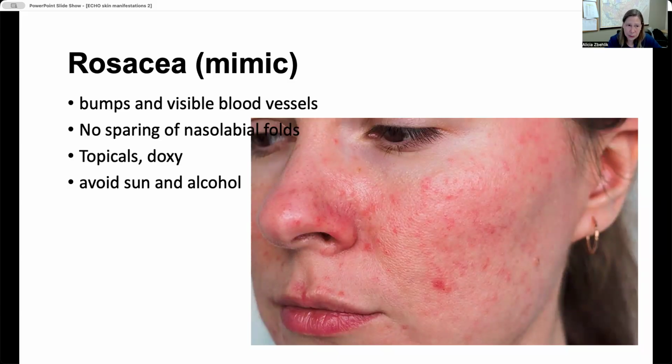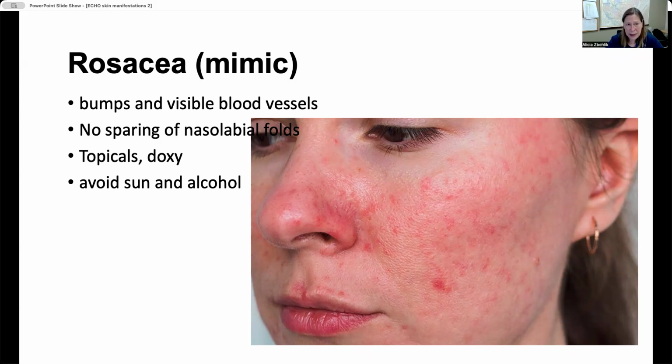But it's similar to lupus in that people will say it gets worse in the sun and gets worse with alcohol. So often people are searching and they see that, and so it can be a cause of concern for people in that setting. And then often it's treated with topicals or antibiotics. And people can have eye involvement with rosacea, and that's another reason that people sometimes think it's more related to a rheumatologic disease. And these folks can go directly to derm.